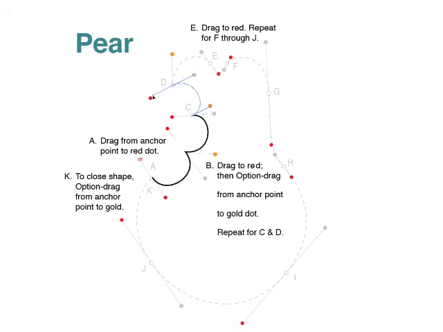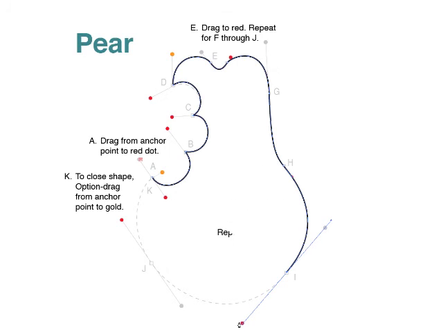set another anchor point, redirect the path, set another anchor point, and from this section on, I can continue to set anchor points and create the curved line segments that make this shape that looks like a pear.